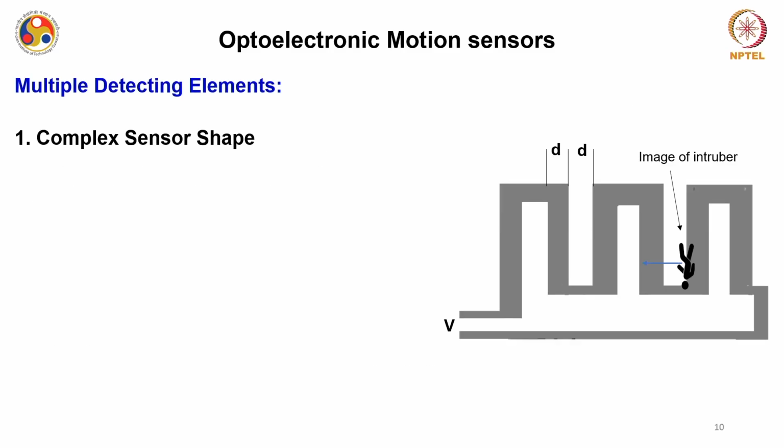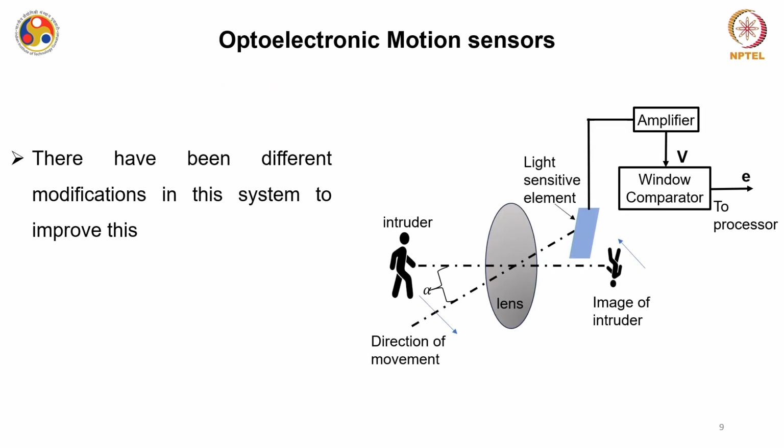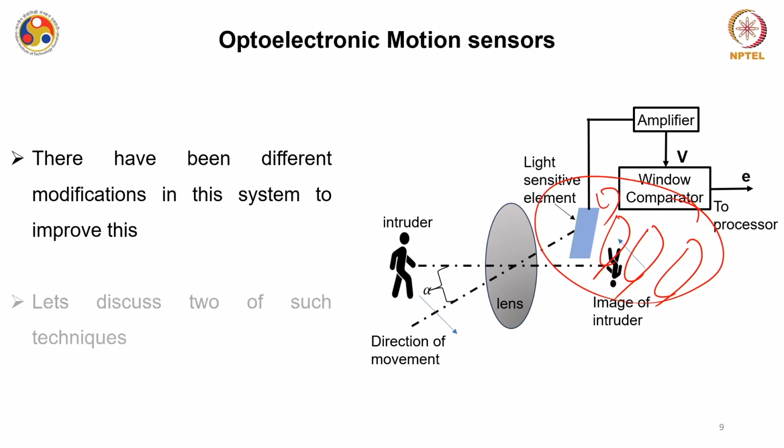The first way to improve the field of view of this sensing element is by having multiple detecting elements. When I say multiple detecting elements, I do not mean placing multiple light sensitive elements, otherwise this will be more complicated, and you may require multiple amplifiers, or an external multiplexer, and then decision making will be more difficult.